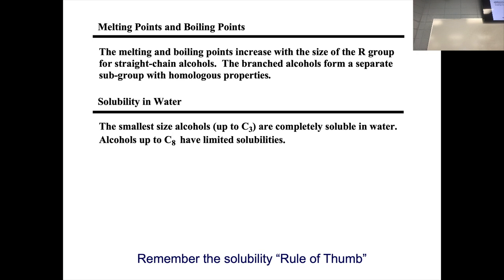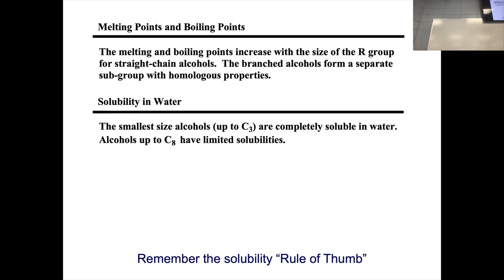And so it turns out that the smallest alcohols, usually up to 3 carbons, we consider to be completely soluble in pure water. So methanol, CH3OH, ethanol, CH3CH2OH, propanol, CH3CH2CH2OH, isopropyl alcohol. Those are usually considered to be completely soluble in water.